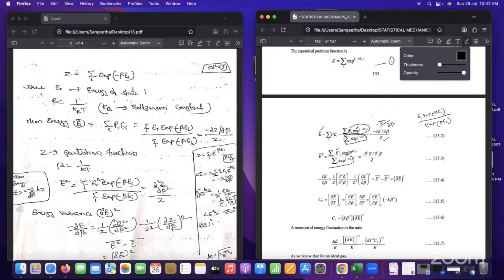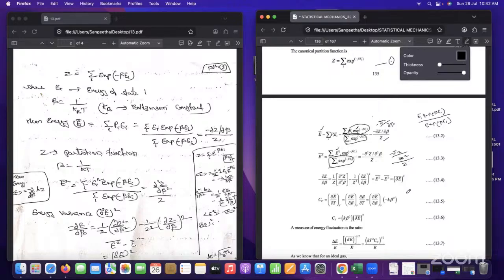This denominator is the partition function Z, and the numerator, E square times exponential of minus beta E_i, is written as dou square Z by dou beta square, and the denominator is the partition function Z.